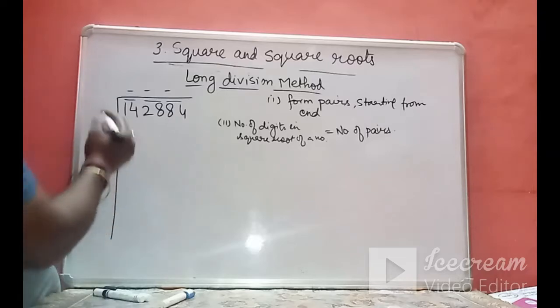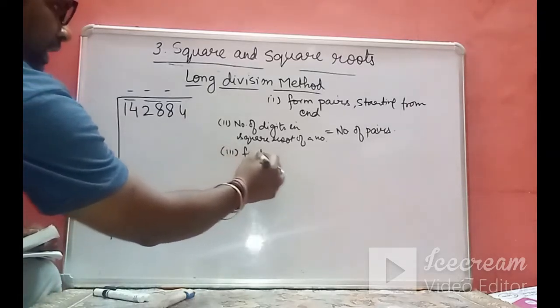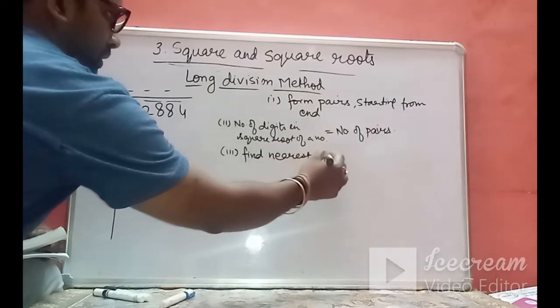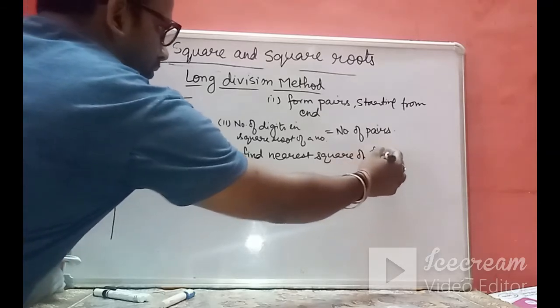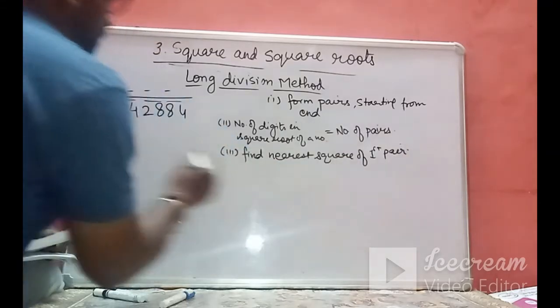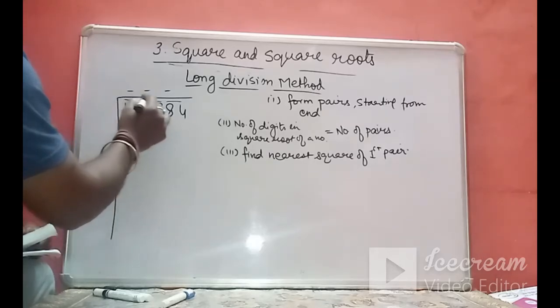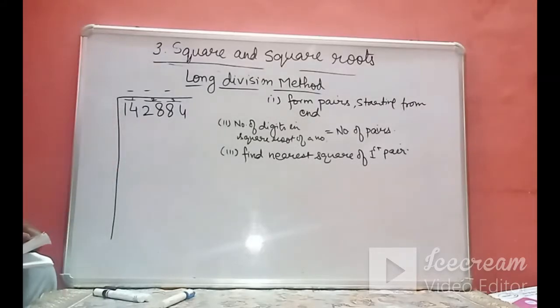Now for the first pair we will find the nearest square of the first pair. This is our first pair, this is the second pair, and this is the third pair. So we will find the nearest square of 14.